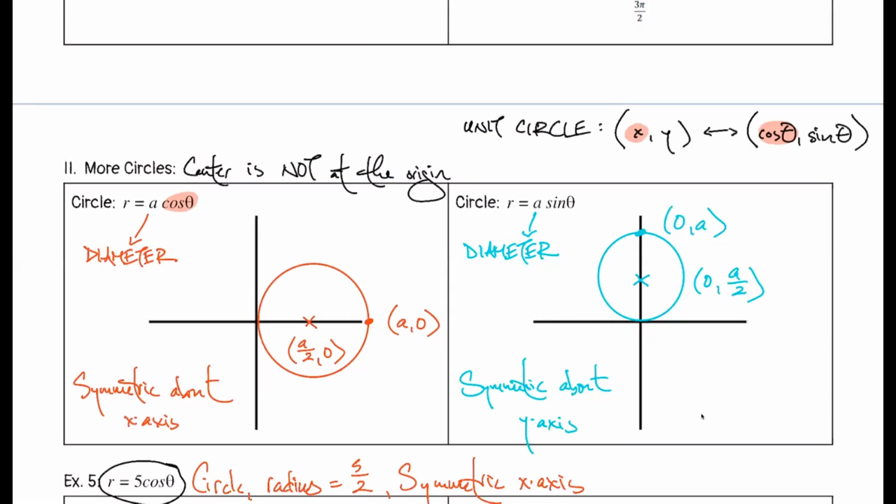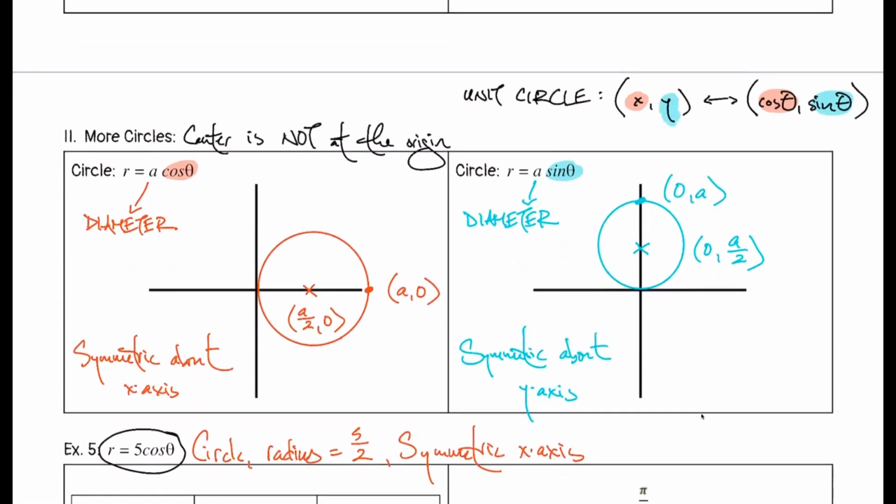And similarly, if we have sine in our circle equation in polar, that the sine actually corresponds to symmetry about the y-axis. So even though it looks all different because we've got r's and thetas, it actually goes back to that same idea that x is the cosine and y is the sine.